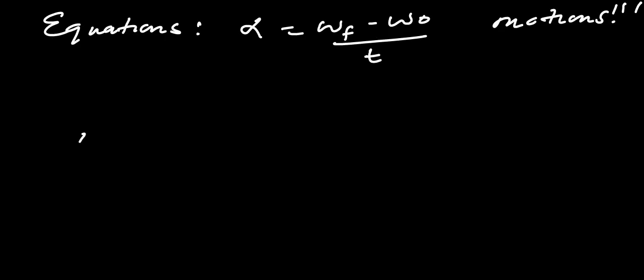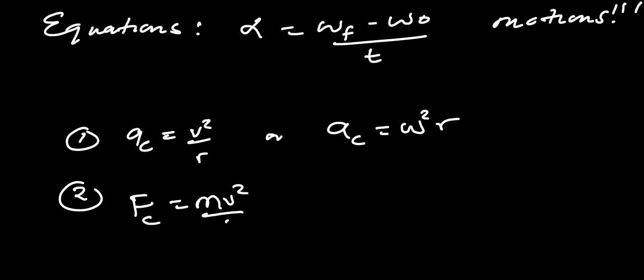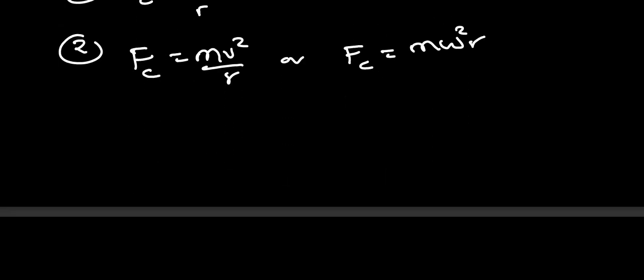The only new thing that we've added today is centripetal acceleration, v squared over r, or omega squared r. Even the centripetal force gives us two versions, right? We can have this one, or we can have the centripetal force that simply looks like this. These are the two sets of equations we've talked about.